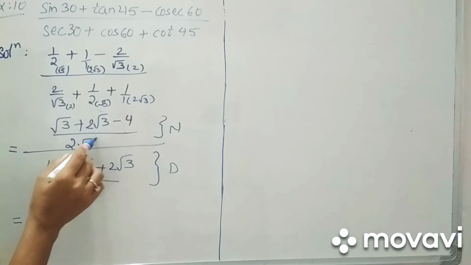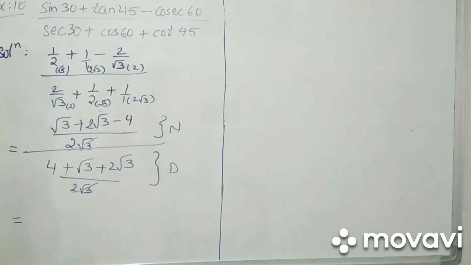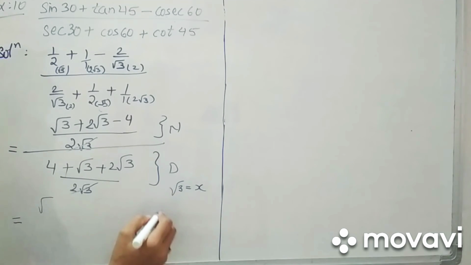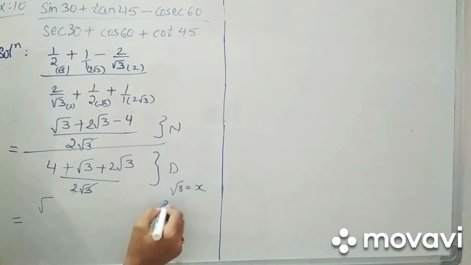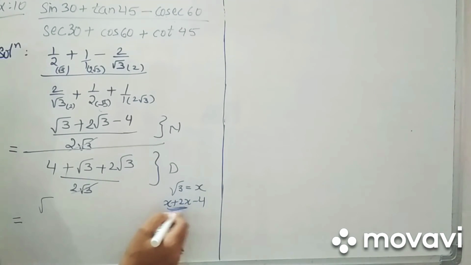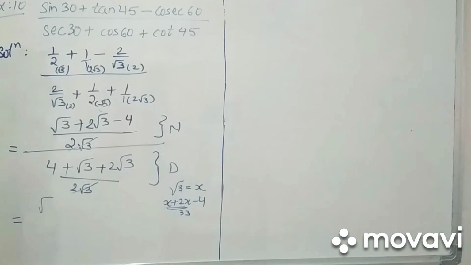So this denominator and this denominator are cancelled out. So what is remaining here? One more thing, root 3 is there. If we take root 3 as x, what will we get in this simplification? x plus 2x minus 4. Now, aren't these two becoming like terms? So what we are getting here is 3x.